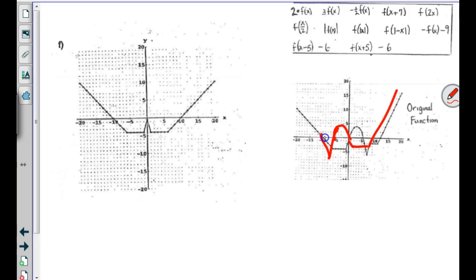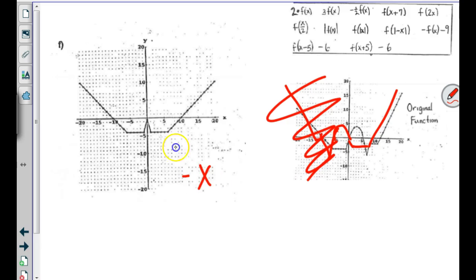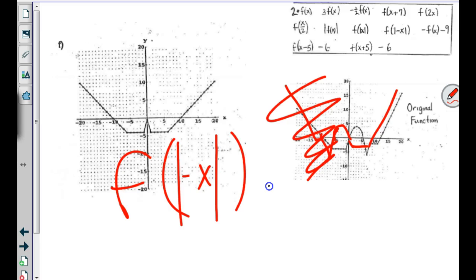And then did what? Then they cut off the left half and made it symmetric. So they reflected it, then they cut it off and made it symmetric. I don't think I put that one on a quiz, to be brutally honest.